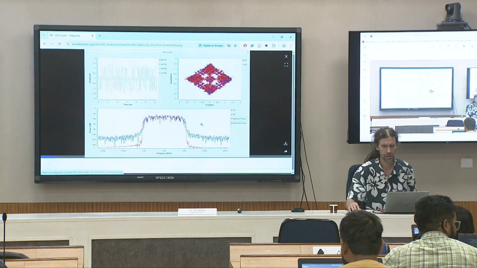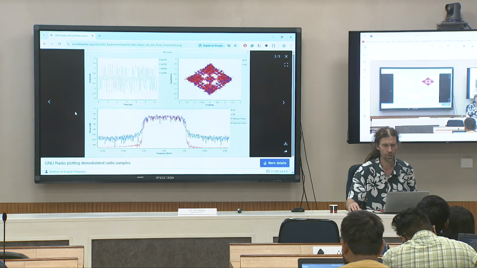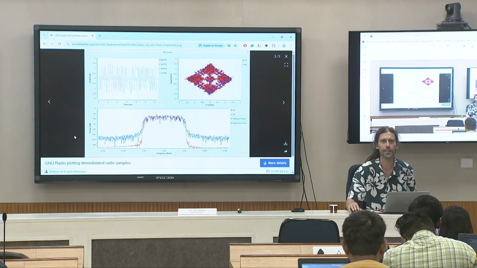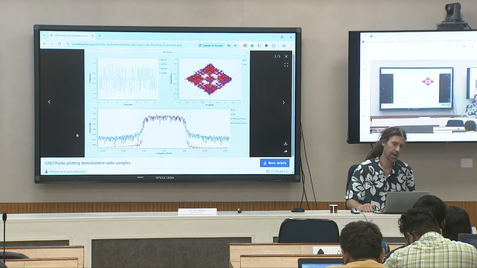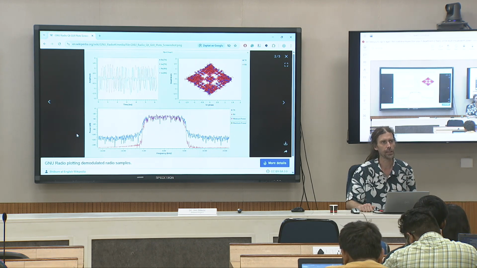GNU Radio is software for controlling any supported SDR radio. I don't want to say any, but a lot of them. It is a big advantage that it is completely free. It is again community development, and I consider this software one of the best for controlling SDR, and it is very easy to use.